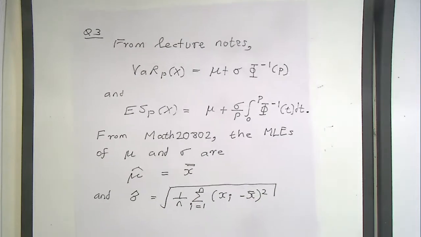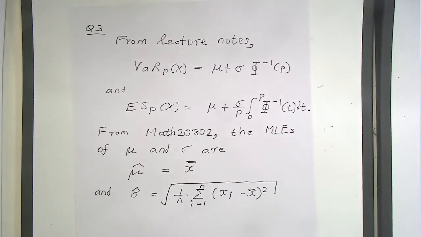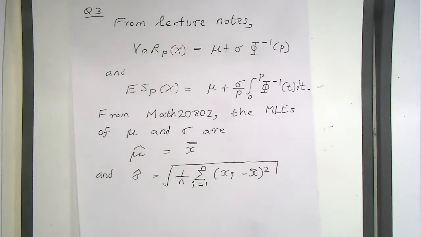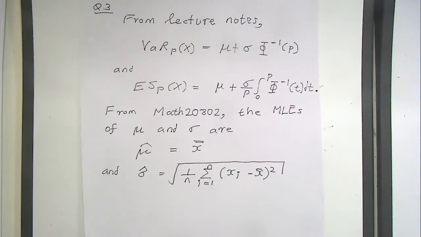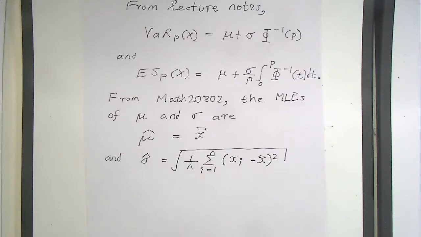Okay. Alright, guys, so if you look back in the link I gave you on Sunday, you will see how to prove that these are the MLEs for mu and sigma respectively.